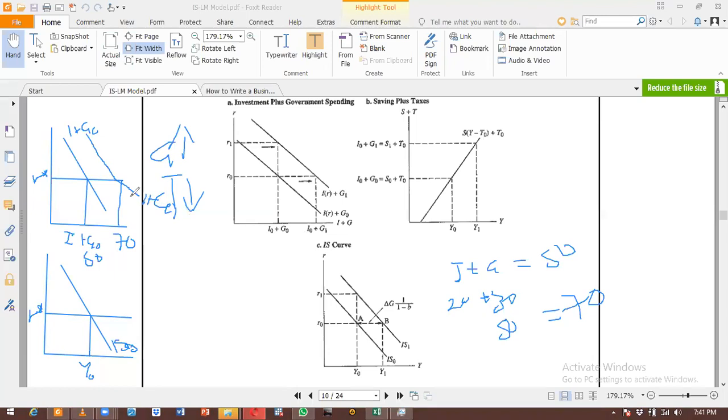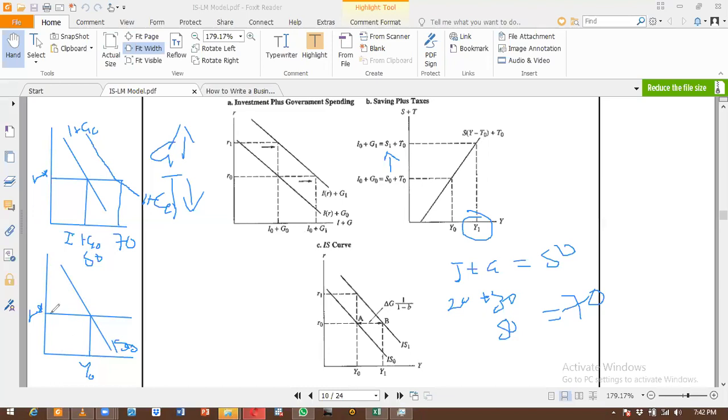Yes, please. So this is what is happening, which means that the I and then the G has increased, causing an increase in Y, even at the same level of interest rate. So when you come to the IS schedule, there's no change in R. If there's a change in R, that is when we'll be moving along the same IS curve.